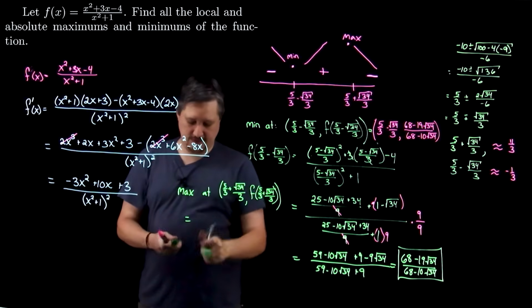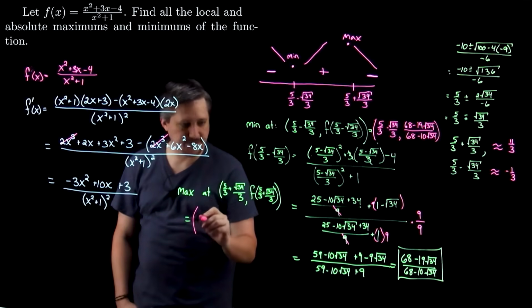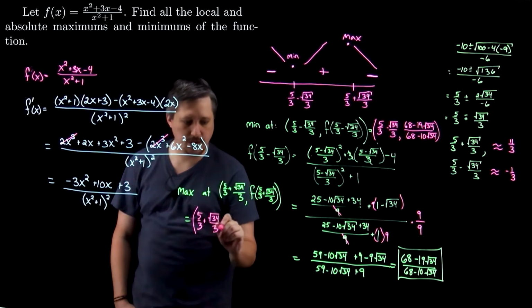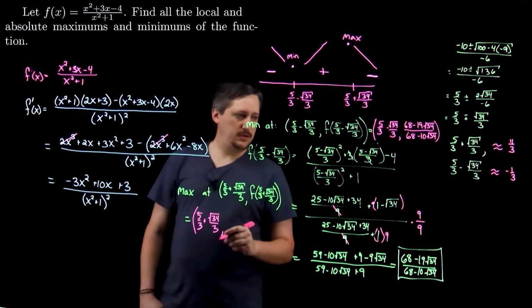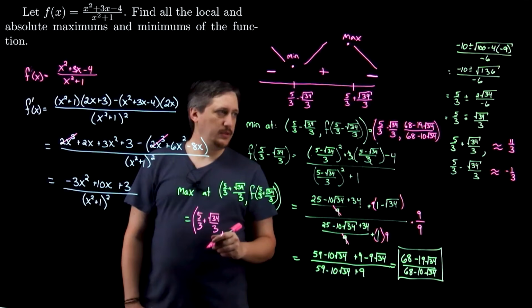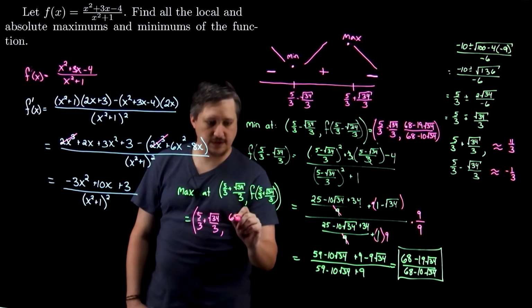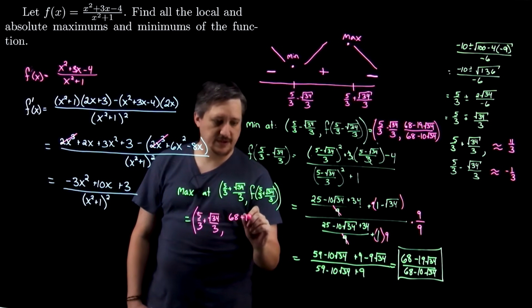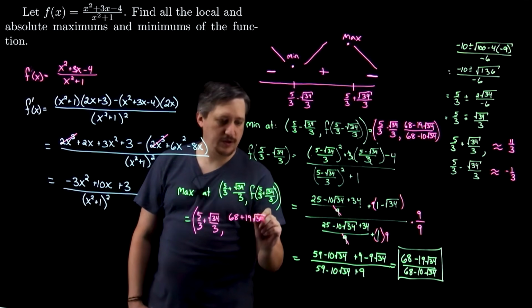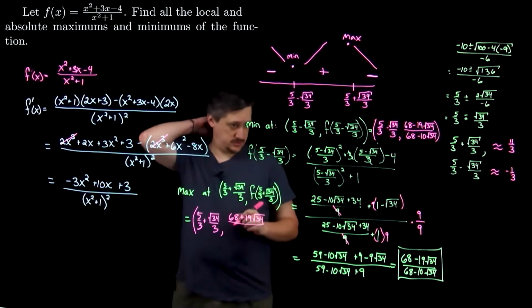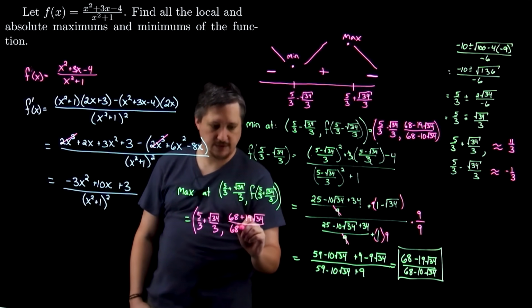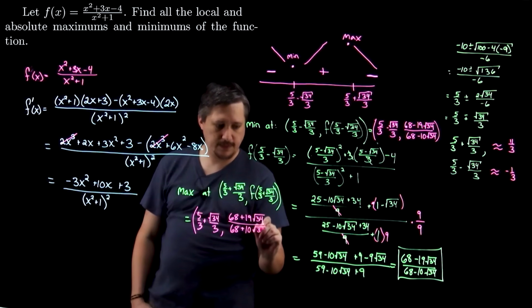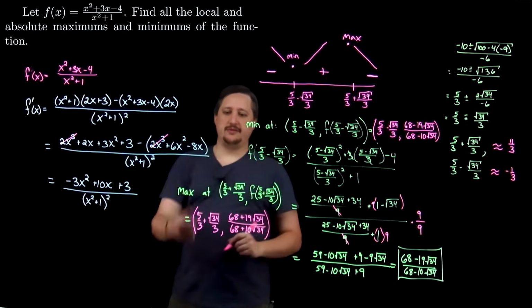But I'm going to claim that this is, let's see if I can do this in my head like a wizard, 5/3 plus square root of 34 over 3, comma, and I'm going to end up with 68 plus 19 root 34, I think, over, again, I think this is going to be 68 plus 10 root 34. And that's going to be the max, okay?